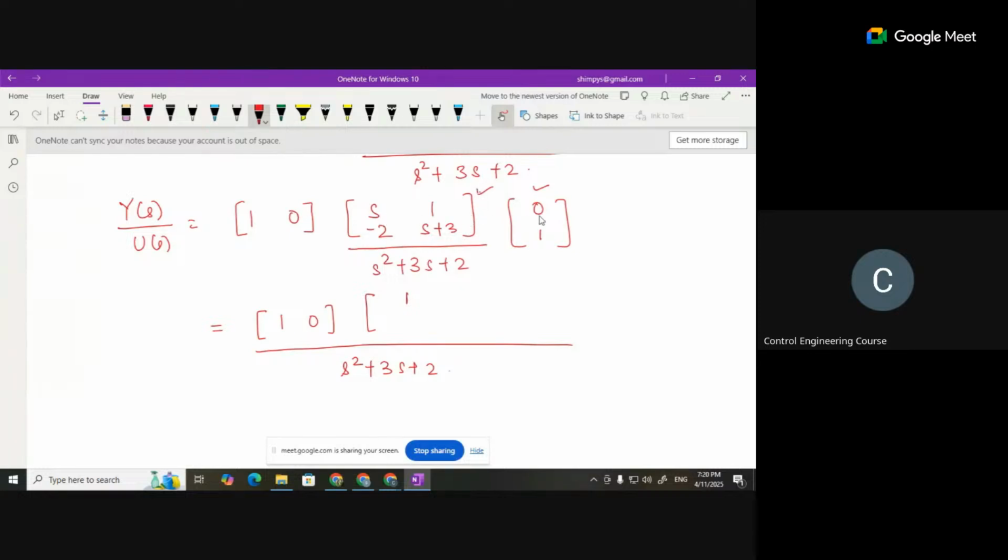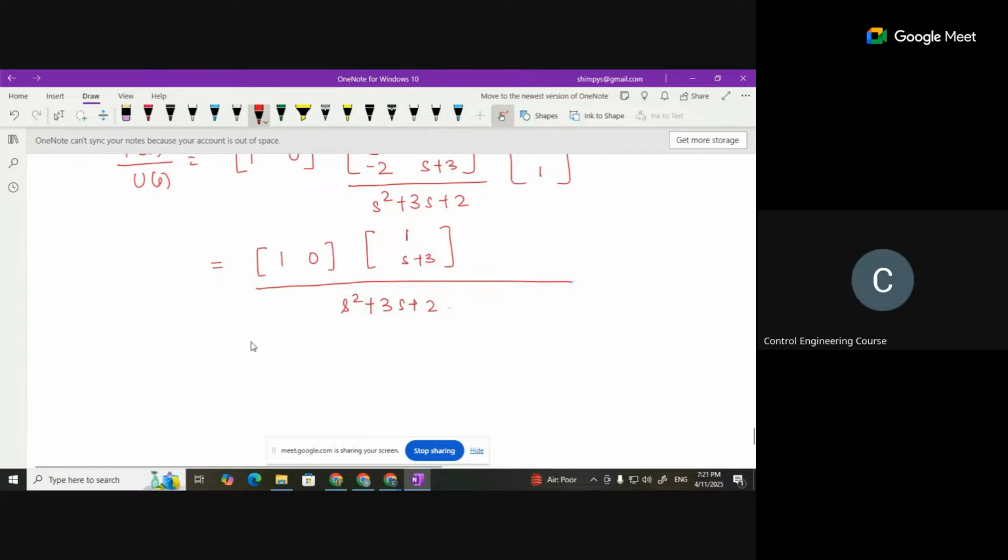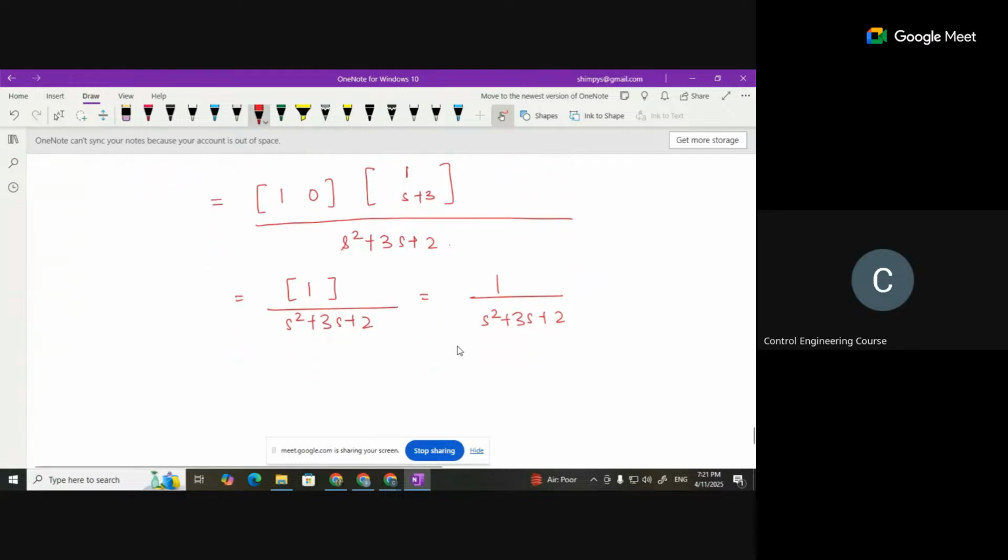So this is s into 0 plus 1 into 1, minus 2 into 0 plus s plus 3 into 1, that will come out to be s plus 3. Then 1 into 1 plus 0 into s plus 3, that is 1 by s square plus 3s plus 2. So this is the transfer function of the given system that is characterized by the state space equations.